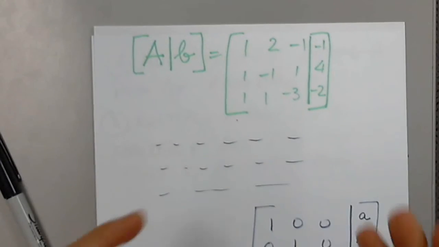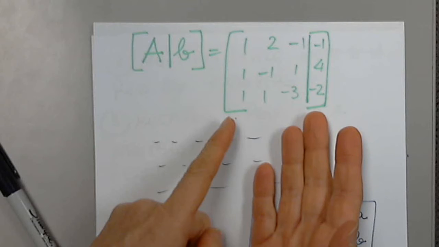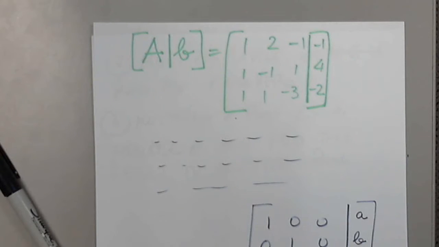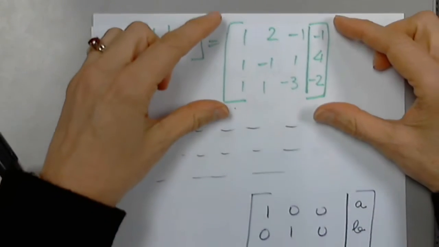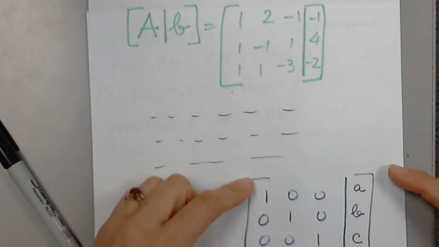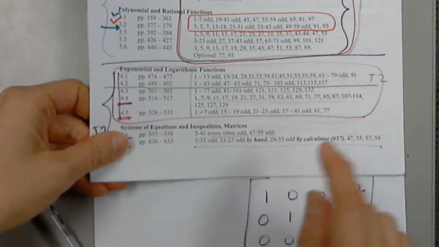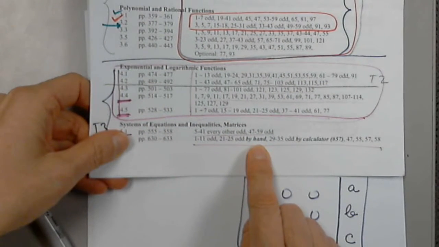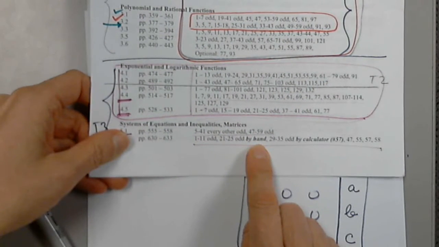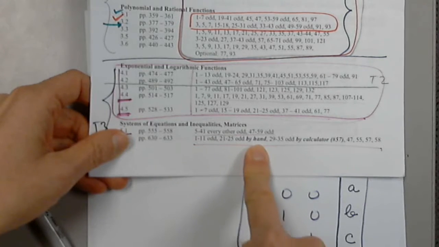it's very easy to mess this up if I do not perform the operations in a particular order. So if I want to get from here to here, I have to show you by hand.